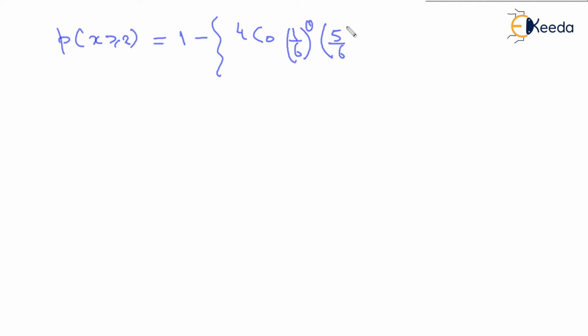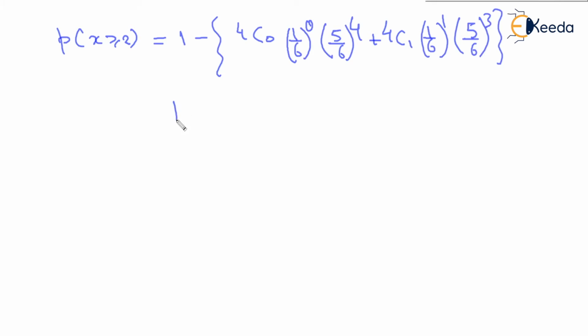So this is going to be: probability of x greater than or equal to 2 is 1 minus, 4C0 (1/6)^0 (5/6)^4 plus 4C1 (1/6)^1 (5/6)^3, right?